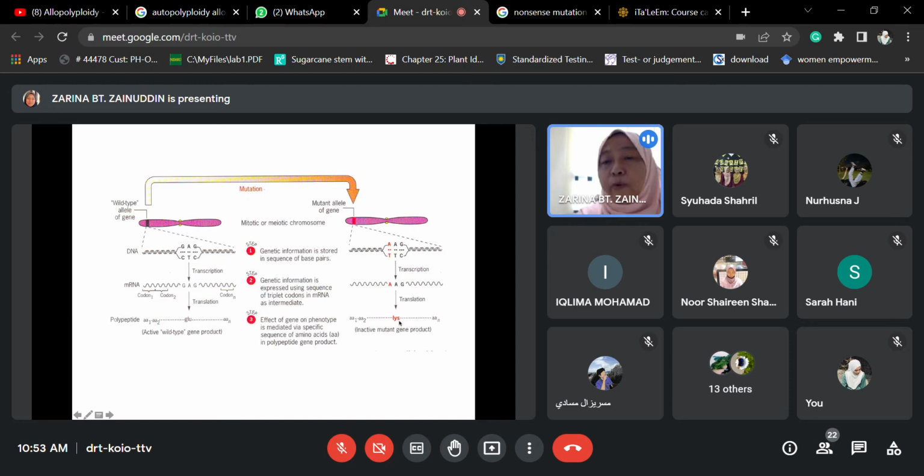In the mutant, they produce lysine. So this is the inactive mutant gene product. This is to show you the effect of mutation.